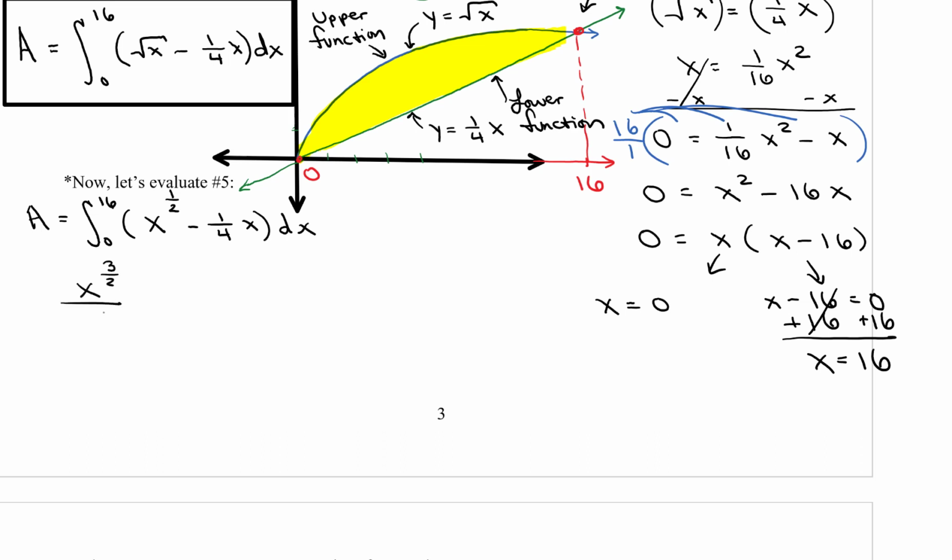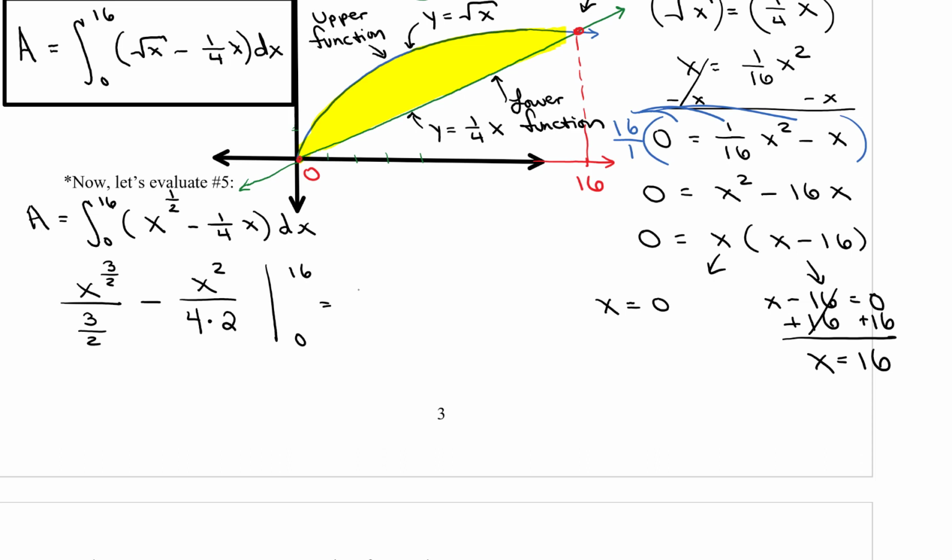So this is going to be x raised to the 3/2 power divided by 3/2 minus, here we're going to have x raised to the 2nd power divided by 4 times 2. And then this is going to be evaluated from 0 to 16.